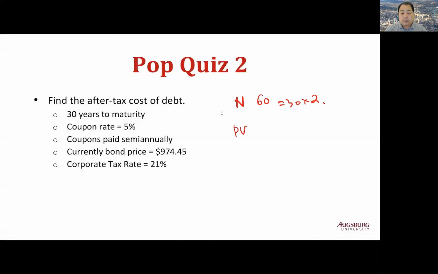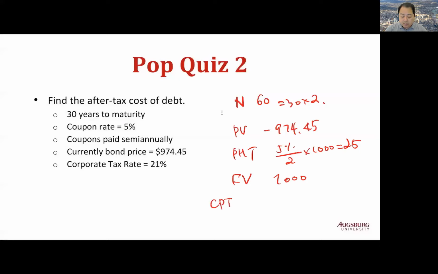PV is negative 974.45. PMT is coupon 5% divided by 2 times 1,000, which is 25. Future value is 1,000. And compute I/Y.